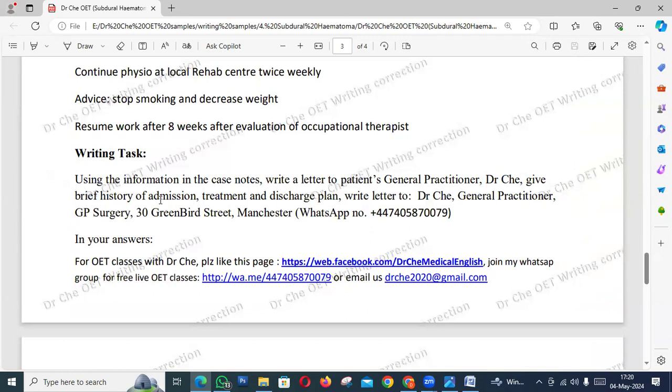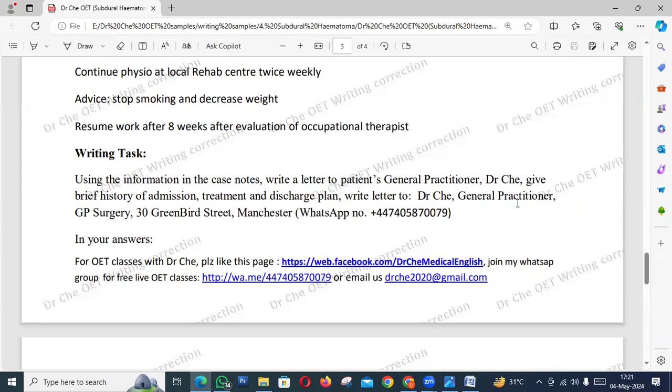Give a brief history of admission, treatment, and discharge plan. In the exam, you will not read word by word. I just see a letter to the patient's general practitioner. I don't even need the name at this place. History, admission, treatment, discharge plan.